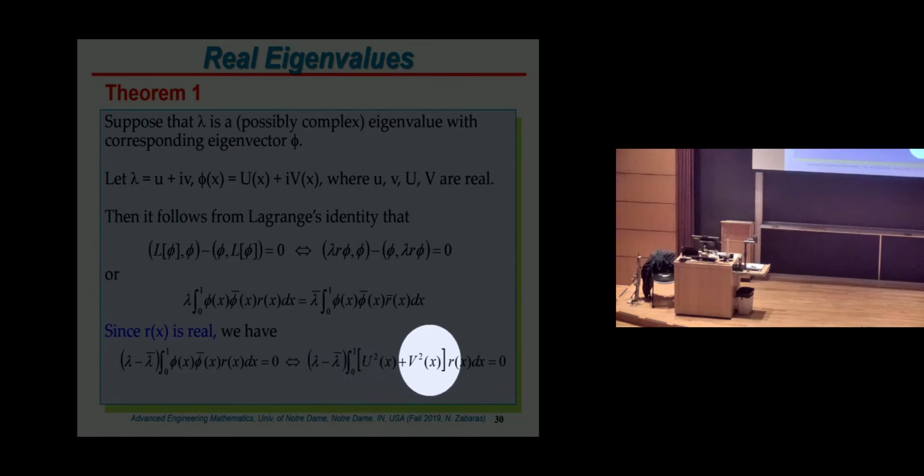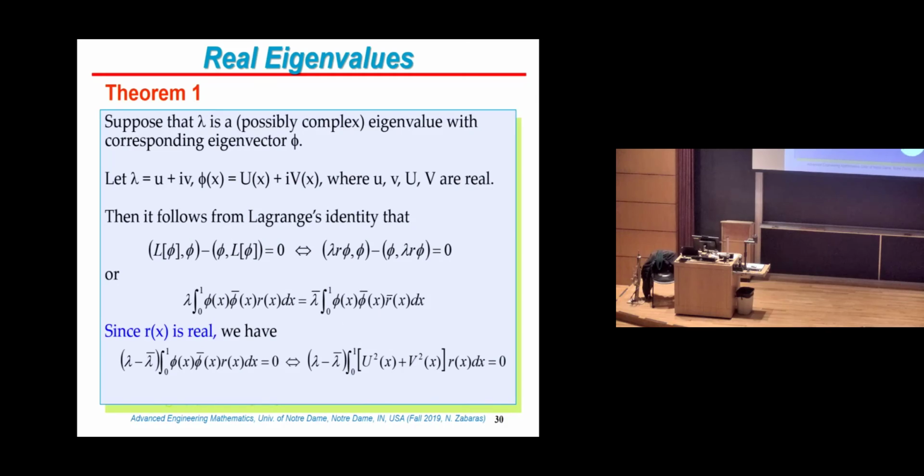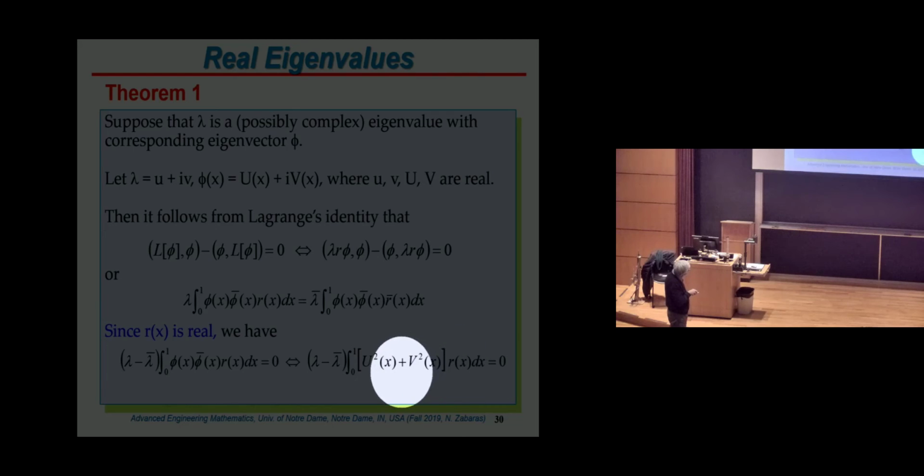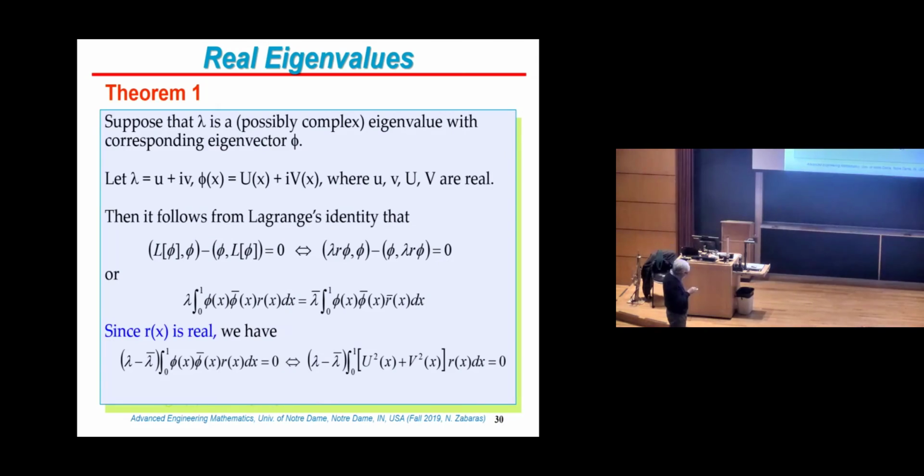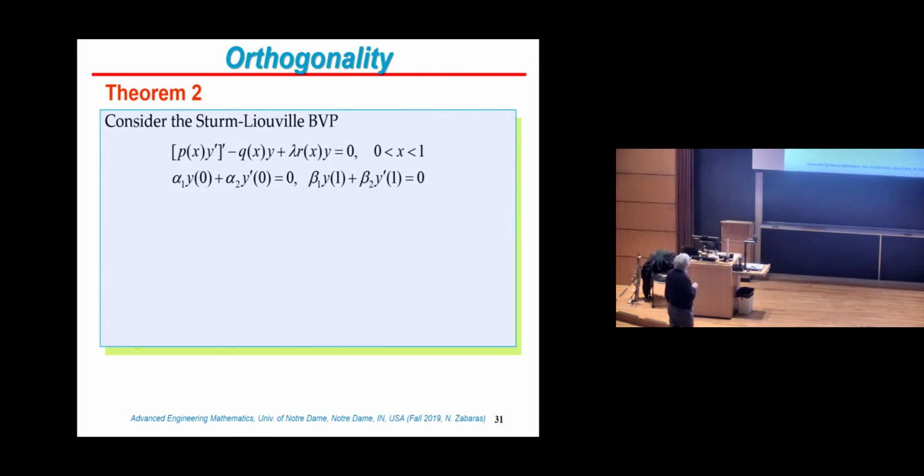For this integral not to be 0, what do I need about r? You remember there were some properties we stated for the coefficients, and one of them was saying that r has to be positive, all right? So r has to be positive, and if r is positive, this integral is greater than 0. So lambda equals lambda bar, so the eigenvalues are real.